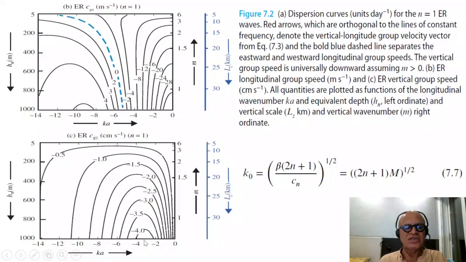But if you increase the equivalent depth or decrease the equivalent depth for the same wave number, you're going to decrease the vertical group velocity as well. But you can see there are large flat regions over large wave numbers for the same equivalent depth. You're going to have the group velocity being the same.